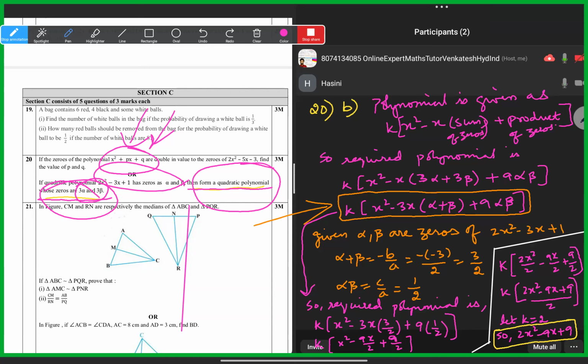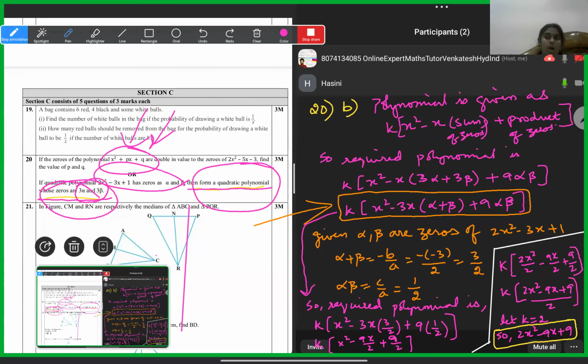I just verified it. Whatever sum of zeros and product of zeros we got for the first polynomial, these are the zeros for the second polynomial, 3 times. Yes, sir. It's correct, Hasni. So there is no doubt now, Hasni.